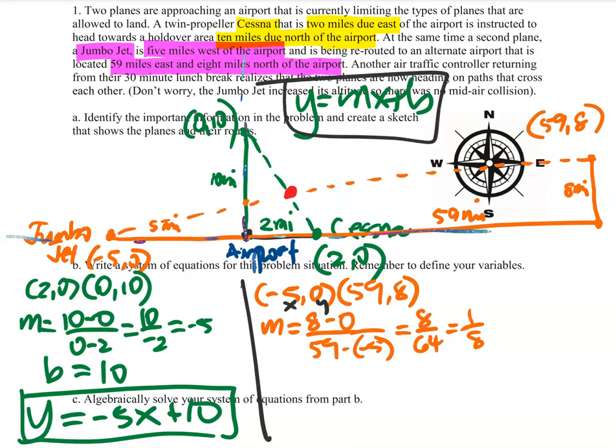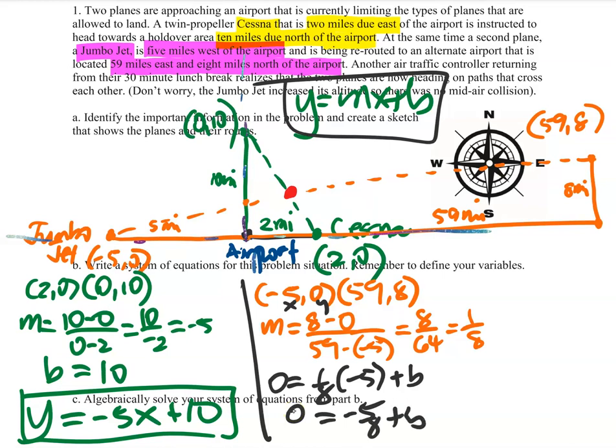Substitute that into y equals mx plus b. So 0 is equal to m, which is 1/8, times x, which is negative 5, plus b. So 0 equals negative 5/8 plus b.